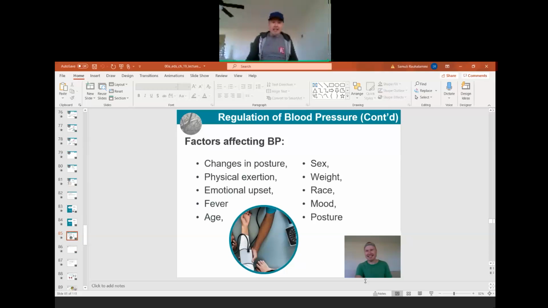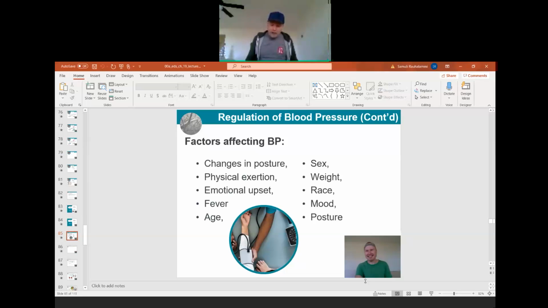And as the last thing, I just want to mention that, of course, our blood pressure is affected by various different factors. Your age, sex, weight, even your race can play a role. Our posture, how well you sit, for example, where we're measuring that blood pressure, so that would make an effect if you're sitting with a poor posture or good posture, your level of physical exercise at that moment, or how healthy, how fit you are, your emotions.